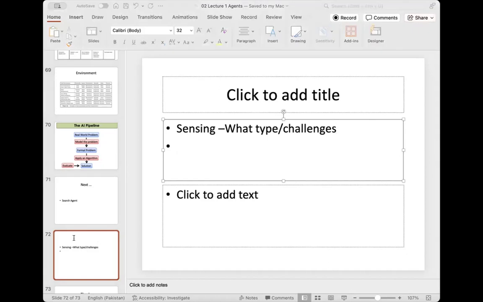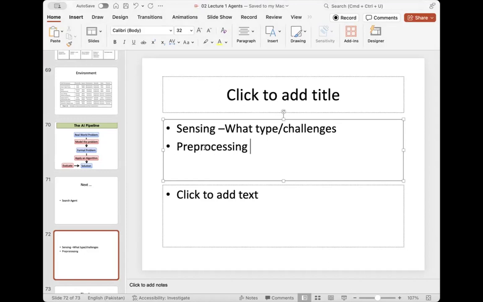The second most important thing, once you have got the sensor information, the values coming from the sensors, is pre-processing of information. Pre-processing means the processes that you will actually be doing on the sensor data.